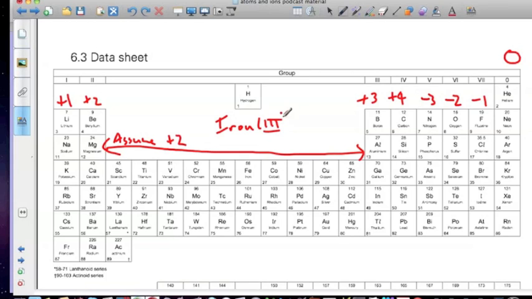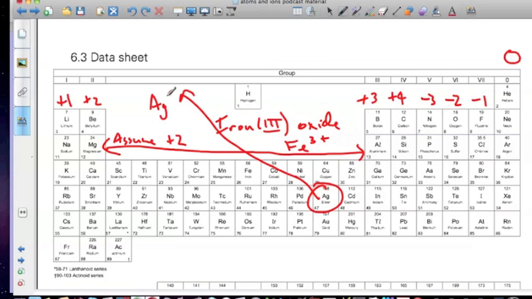Well, that tells you that it's 3 plus. There's a few other exceptions. Silver is usually 1 plus. And chromium is usually 3 plus. But for now, if you just remember plus 2 and then watch for those Roman numerals, you should be okay.